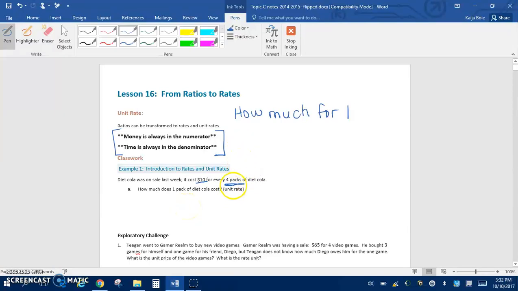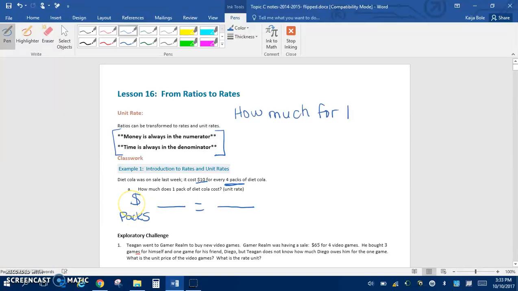You guys are going to need your calculator for this, so go ahead and have that out. We're going back to equivalent ratios here and using that standard algorithm. We're going to set up a blank one first. On the side we are comparing money and packs of soda.